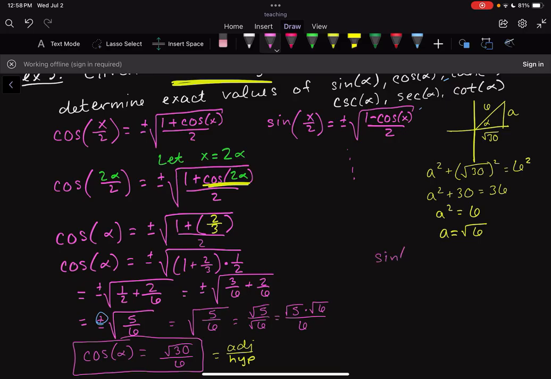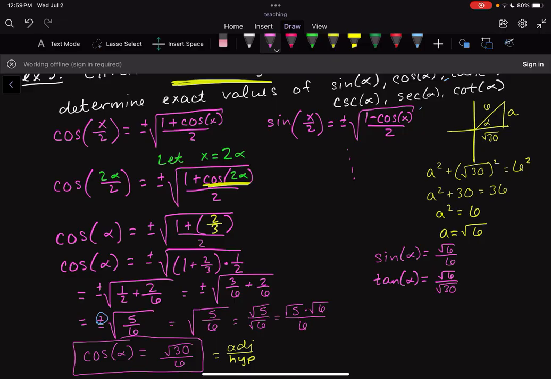So sine of alpha would be opposite over hypotenuse, so root 6 over 6. And then I already had cosine of alpha. I needed tangent. Tangent would have to be opposite over adjacent, so that would be root 6 over root 30.